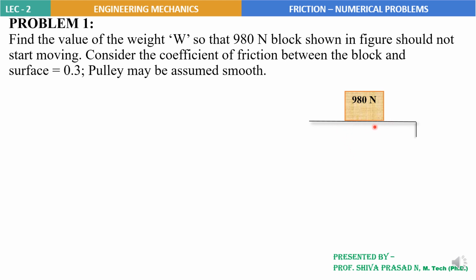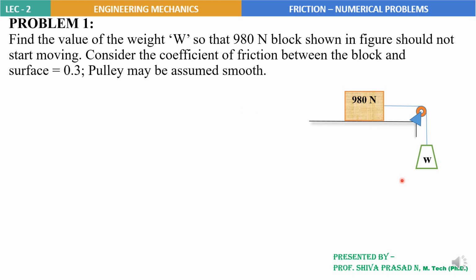Because we are solving problems on friction, the surface is not smooth, it is rough, since the coefficient of friction between the block and surface is 0.3. This block is tied with a string which is suspended over a frictionless pulley by a weight W. This is the weight whose value is required so that the block should not start moving, that is, the impending motion situation. You need to find the value of W.